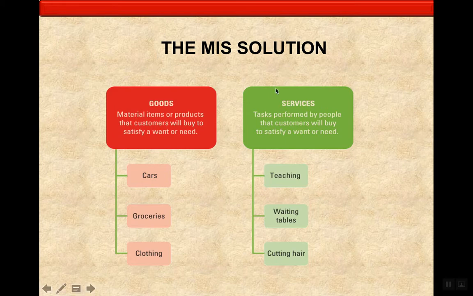And then, conversely, we also have services, which we define as tasks that people perform. It's a service that is provided. Examples here: teaching, waiting tables, or cutting hair. Those are all service oriented. Most organizations will have different combinations.